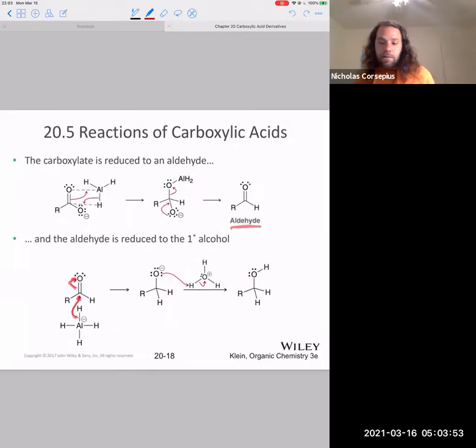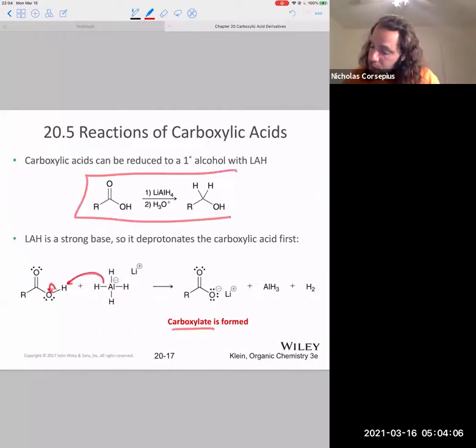I'm actually not going to make you guys memorize the reaction mechanism for carboxylic acids and lithium aluminum hydride. We're going to have to for almost every other compound, but this is kind of bizarre. Important though to note that just like every carboxylic acid derivative, as we're going to see, as well as the aldehydes and ketones, lithium aluminum hydride can be used to reduce this functional group to an alcohol.